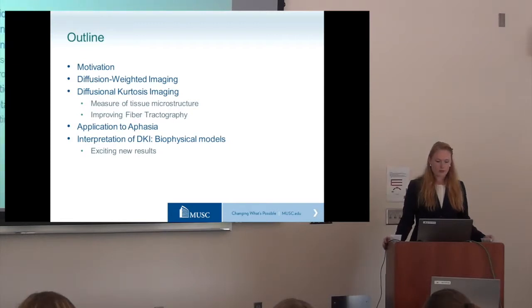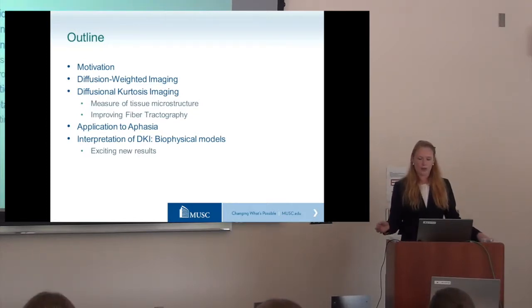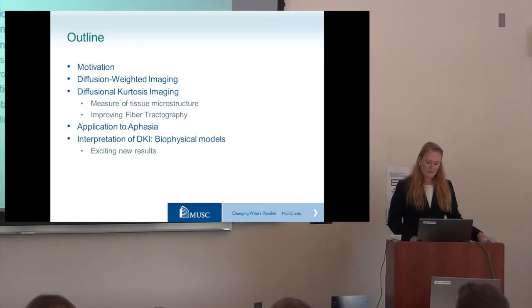So I'll start off with a brief motivation of why we focus on white matter and on microstructure, how we use diffusion-weighted imaging, and specifically how we use diffusional kurtosis imaging, and how we apply this to aphasia. So I'll go in a little bit more, or actually a lot more detail about this work that I just showed. And I'll show some exciting new results in the end where I talk about the use of biophysical models.